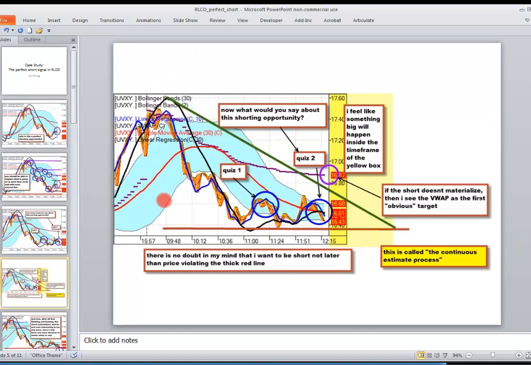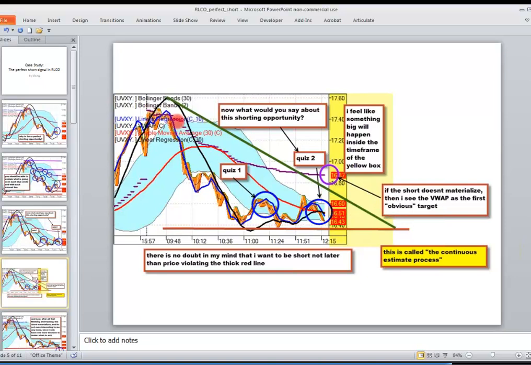I now take a look at this triangle that's being formed from the top of the regression line or the high of the day, however you want to draw that, and draw that down about parallel to the path that this Bollinger Band mean was forming. Then I project forward into that. That looks to me like it's coming to a crescendo.